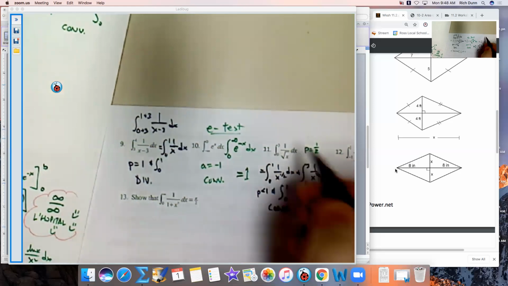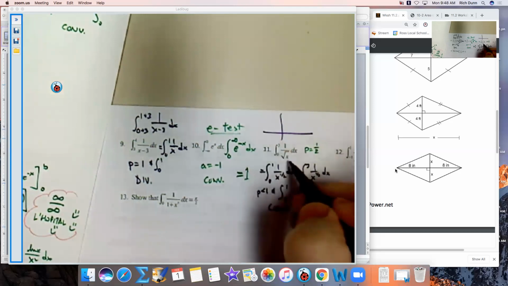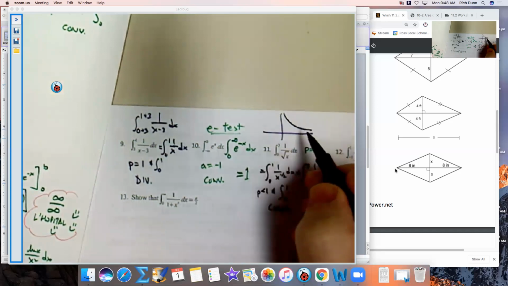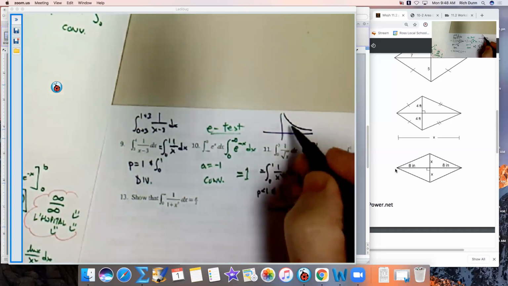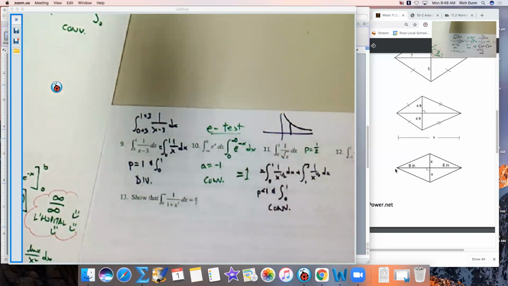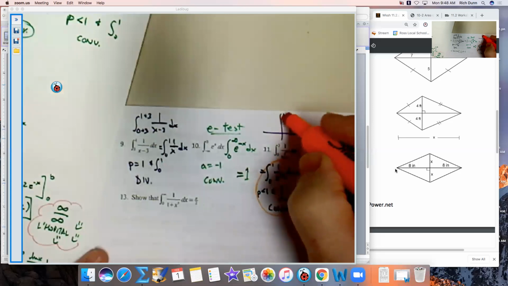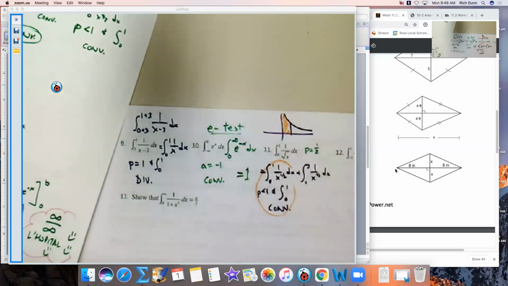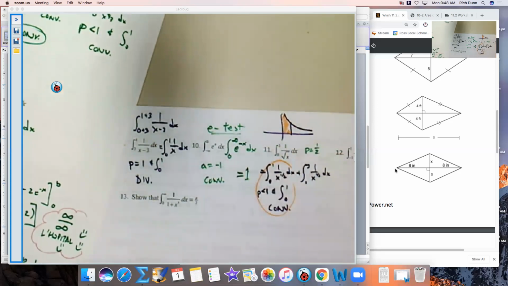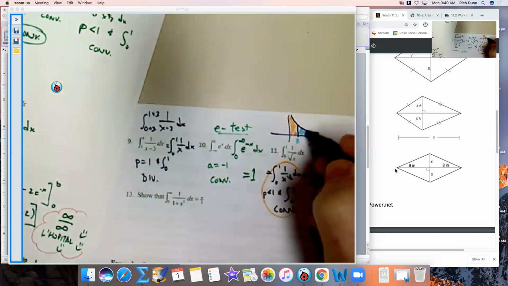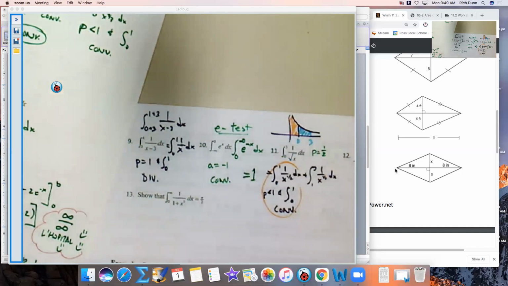This second part, remember we've got 1 over square root of x. It's going to look like this on that side. So we already evaluated from 0 to 1 of this right here, and by our p-test, found out that it converged. And this part from 1 to 3 is obviously going to be a closed-in area.